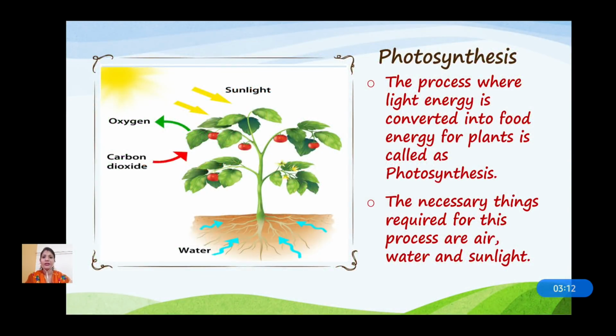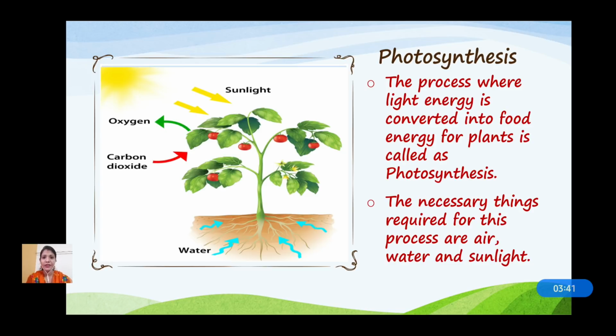Now photosynthesis. What do you mean by photosynthesis? Yes, the process where light energy is converted into food energy for plants is called photosynthesis. This means a plant contains root, fruit, flowers and leaves, and leaves play an important role in preparing food. And how does it prepare food?